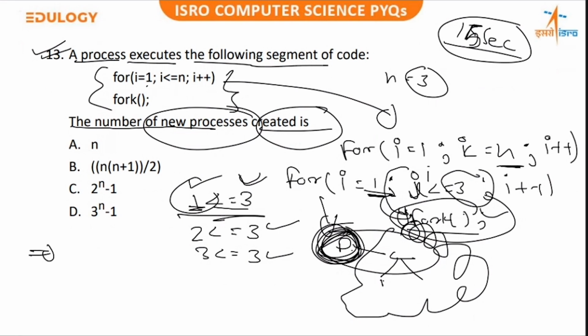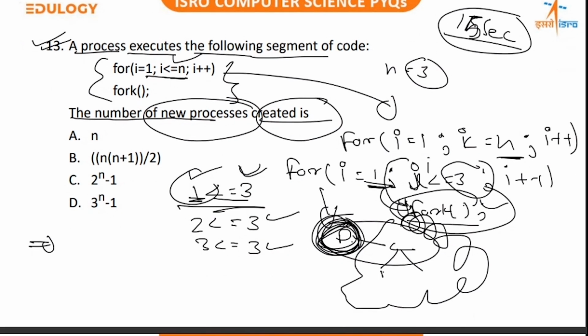If we are running this loop for n times, and we put n equal to 3 here, what will we get? 2 power of 3, which is 8, minus 1. Actually, we are getting 7.